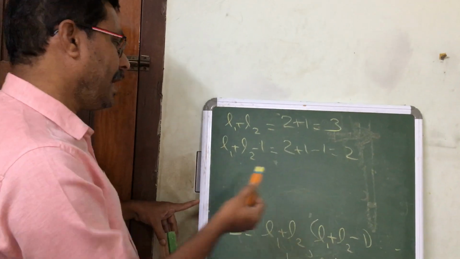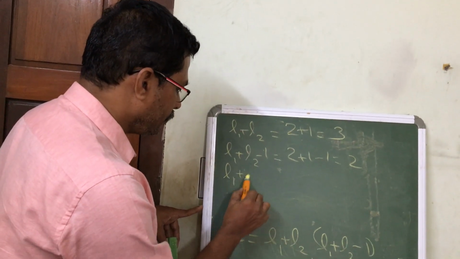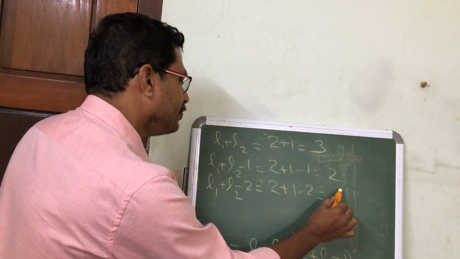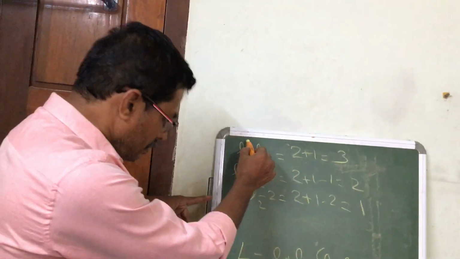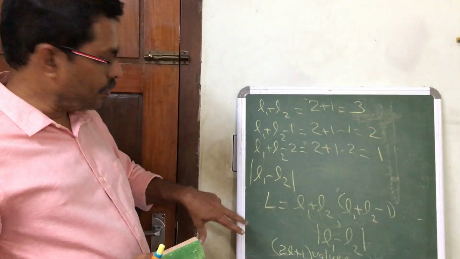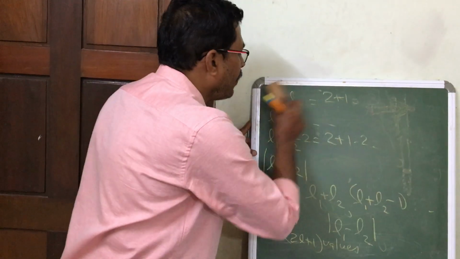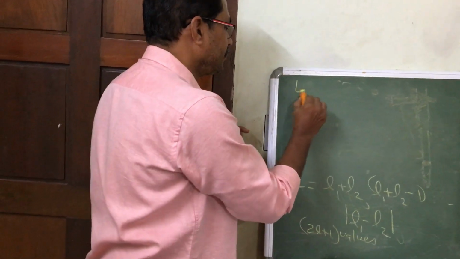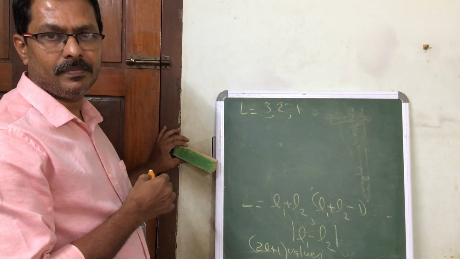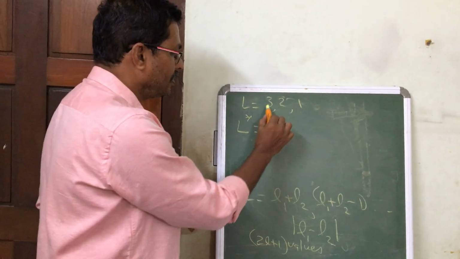Up to the last value, the maximum value or the limit you have to take as L1 minus L2, and this value you are getting as 2 minus 1, that is 1. So this is the limit. So the possible values of L are 3, 2 and 1.